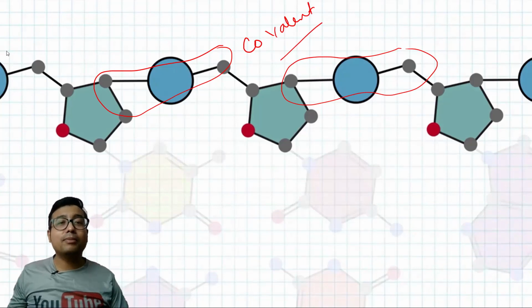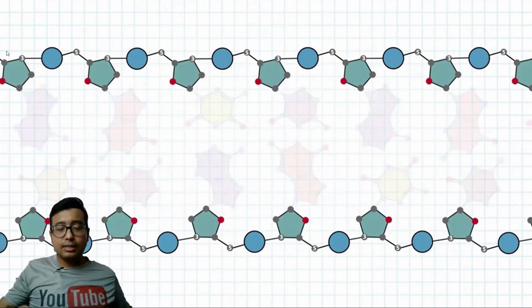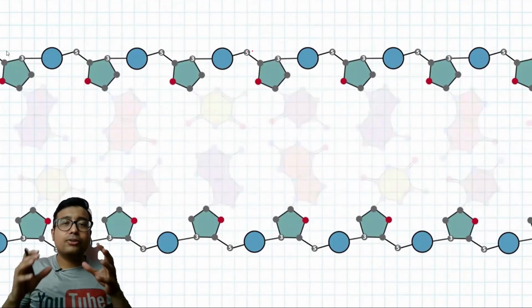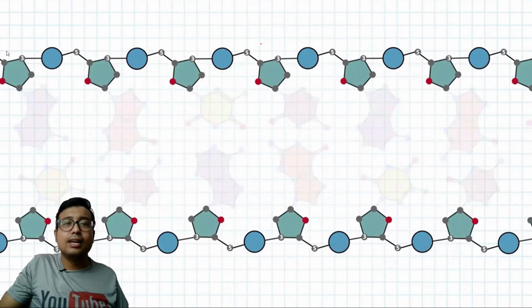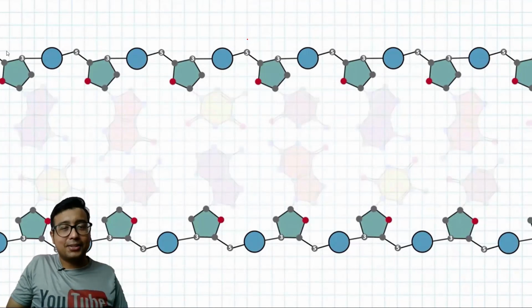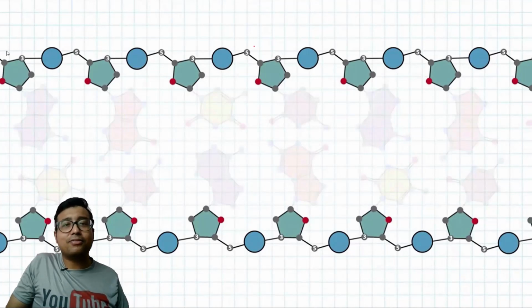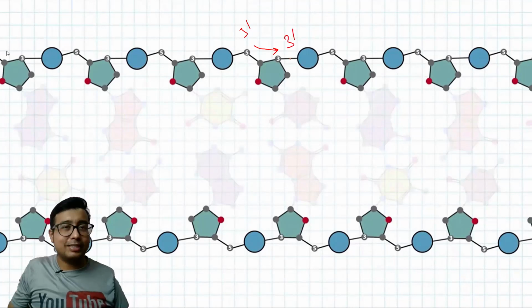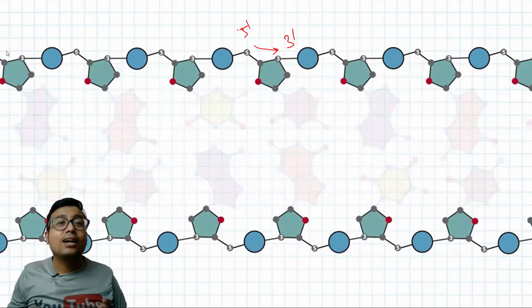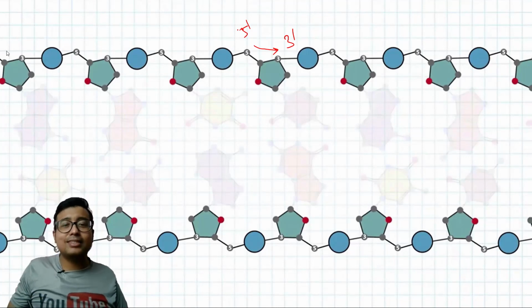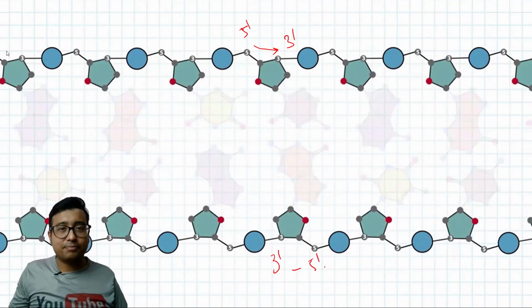Now apart from this covalent bond, if we zoom out from this whole structure, we will see from left to right, depending on the reading sequence, this strand is running from 5 prime to 3 prime, and the whole thing is reversed in its complementary strand. The complementary strand is 3 prime to 5 prime.